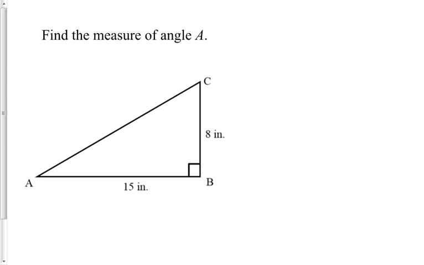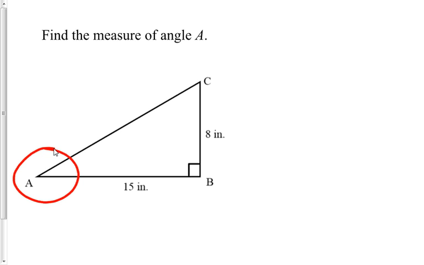All right, so let's look at an example here. We have a right triangle, and it says find the measure of angle A. So we're trying to find angle A right here, that angle. We're going to start out the same way as we did when we were finding the side lengths. We're going to choose the correct trig ratio based on what the triangle is giving us and what we're trying to find.